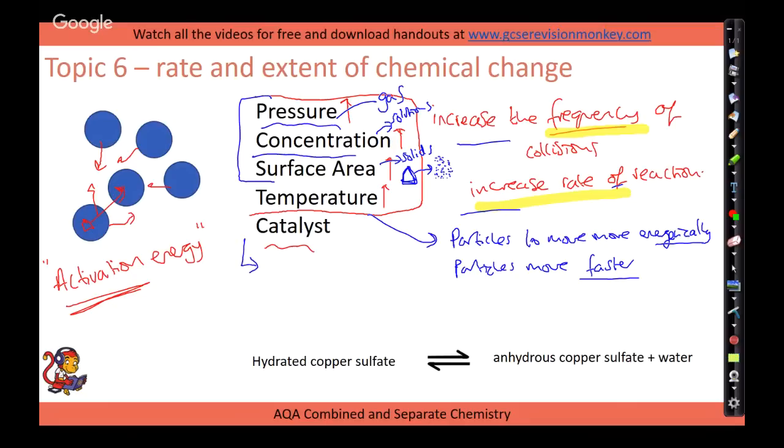A catalyst has a very specific definition. See if you can think about it before I even finish writing it: it provides an alternative pathway with a lower activation energy.